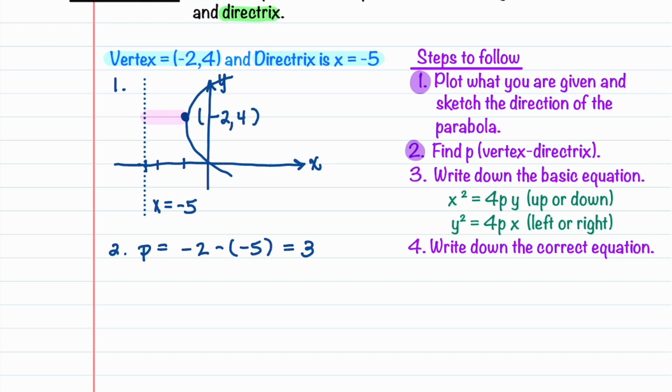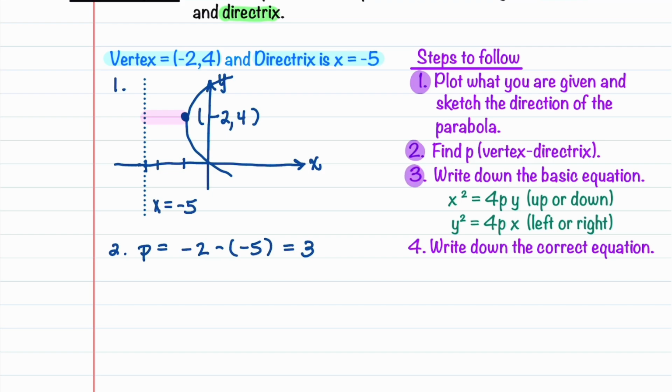If you don't want to calculate P that way, the other thing that you can do is to just notice that there are 3 units between the directrix and the vertex, and because it's pointing to the right, P is going to be positive. So you can just write down that P is equal to 3.